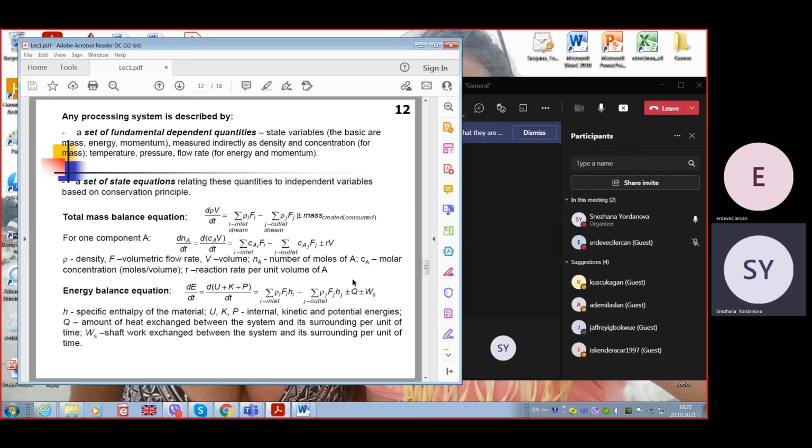We introduce heat through serpentine and hot steam, or we lose heat because ambient temperature is very low and influences the process. And this is the shaft work. Either it heats, adds energy, or takes energy. So the energy is consumed to rotate some wheels, for instance.